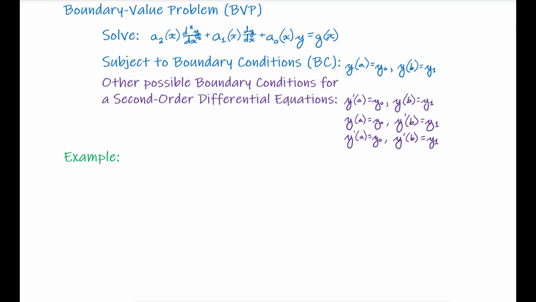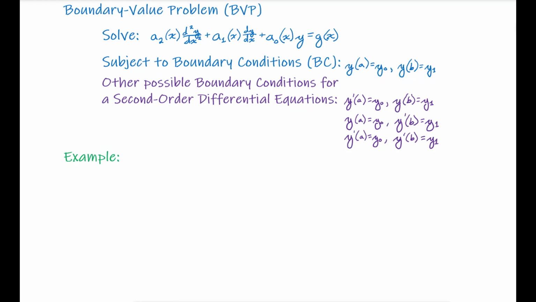The other way that we can get a particular solution when we have a second order differential equation is we can have boundary conditions given to us. When this happens, we're dealing with what's called a boundary value problem, or a BVP. So these differential equations look something like: solve a2 of x times the second derivative of y with respect to x plus a1 of x times the first derivative of y with respect to x plus a0 of x times y equals g of x.